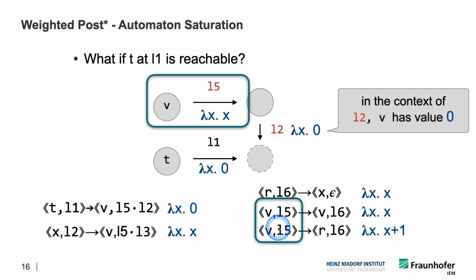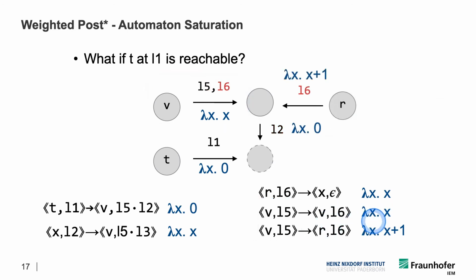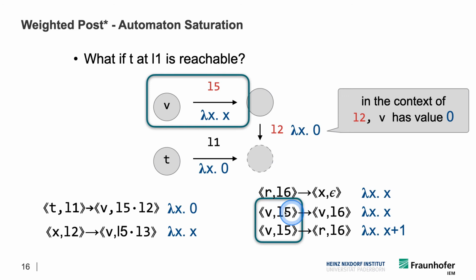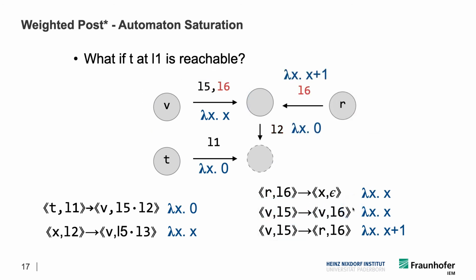Now, this is again matched against these two rule headers here. And now you can see again what's coming out of this, right? For this particular first rule here, we now have a second edge from V to this state, also with line 6, right? So this is being added here.